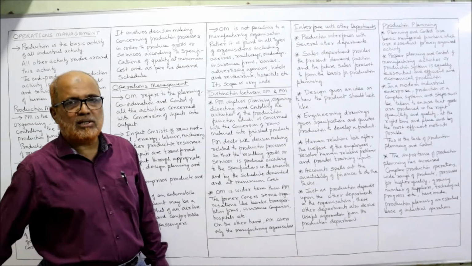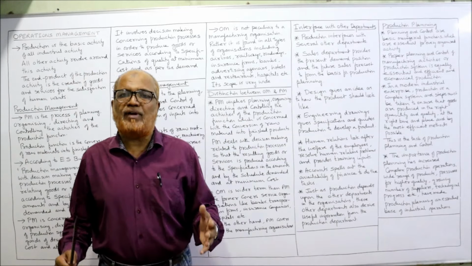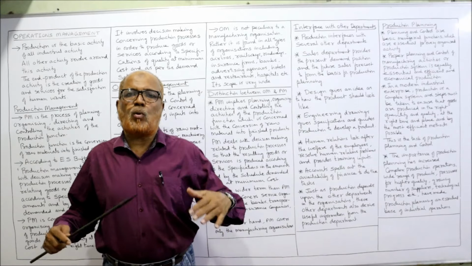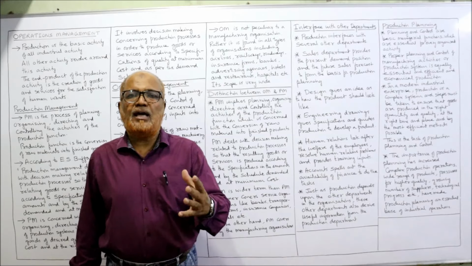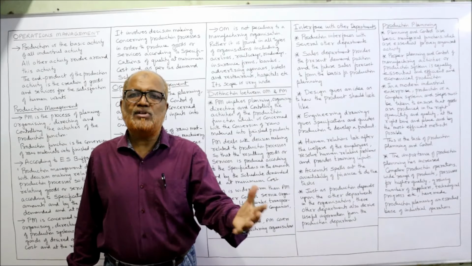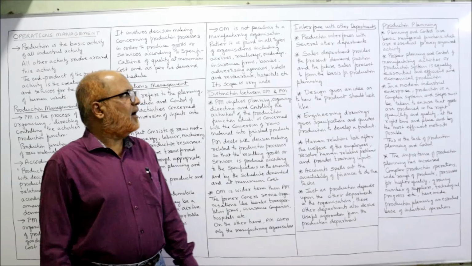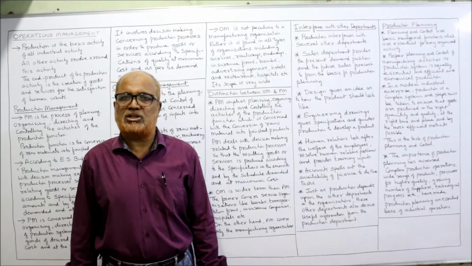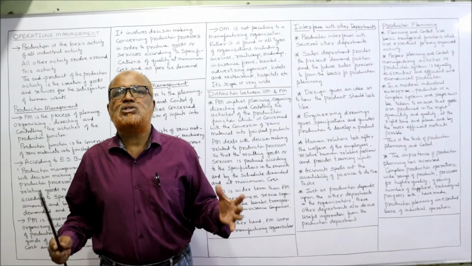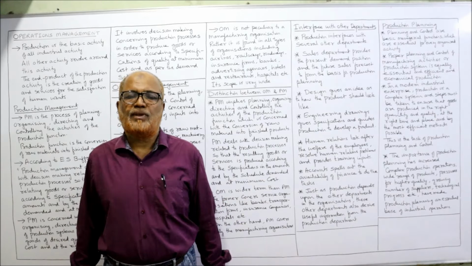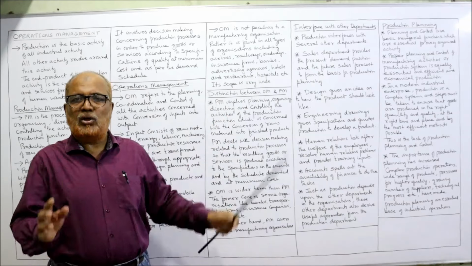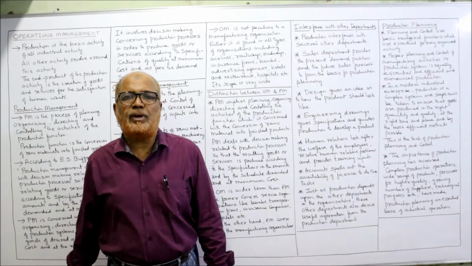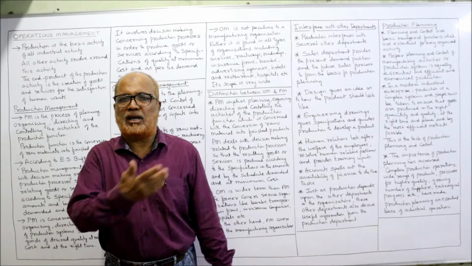Apart from that, insurance firms, banks, or other financial institutions. The financial institutions provide funds. They are engaged in giving service to organizations. And apart from that, hotels, restaurants, hospitals, educational institutions, these are organizations which provide services. Operations management is not only confined to manufacturing, it is also applicable to non-manufacturing organizations.